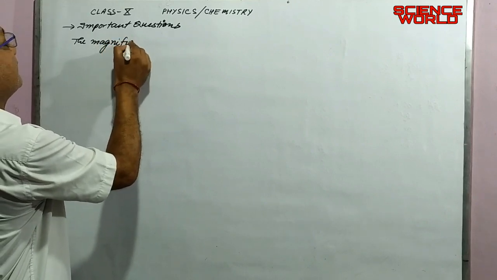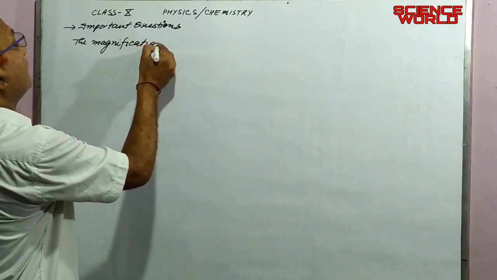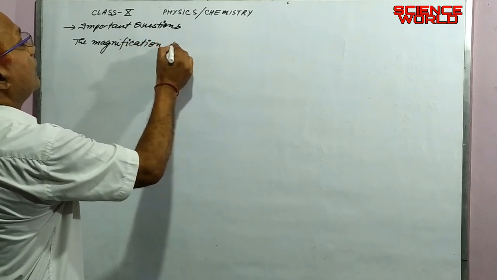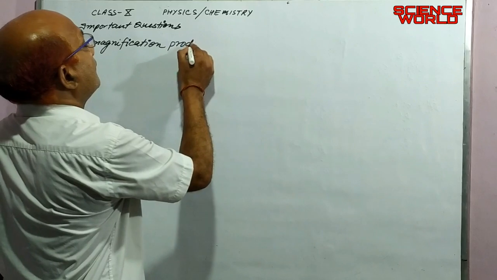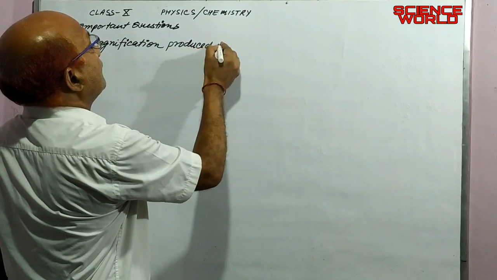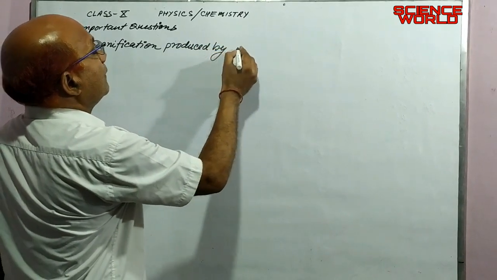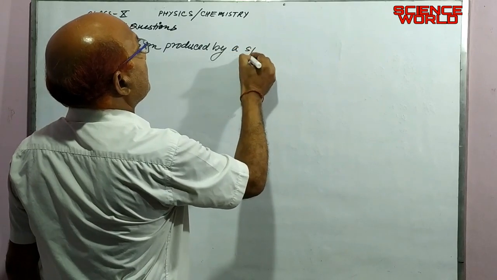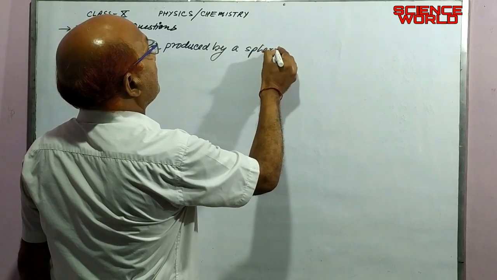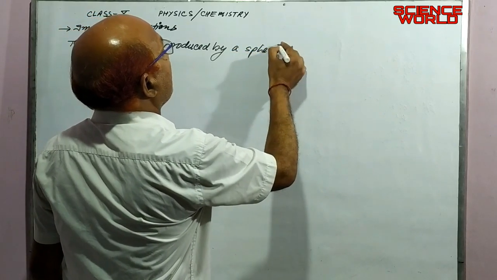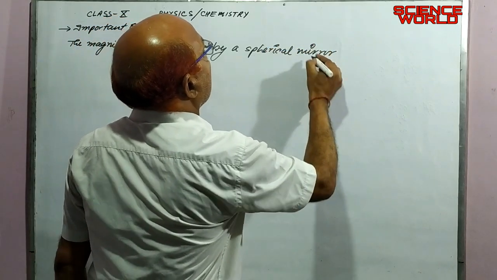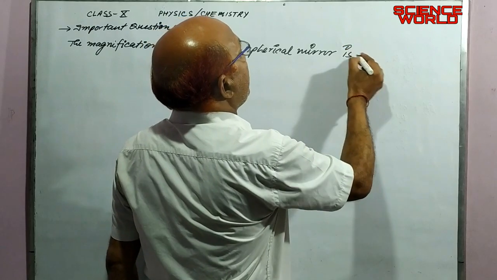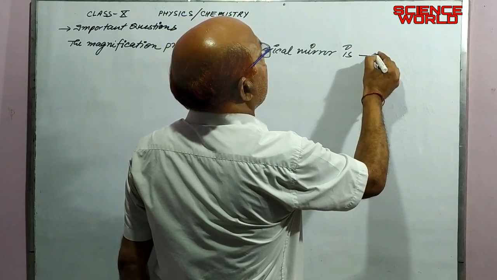The magnification produced by a spherical mirror is -1.